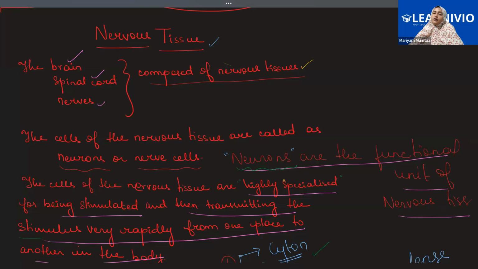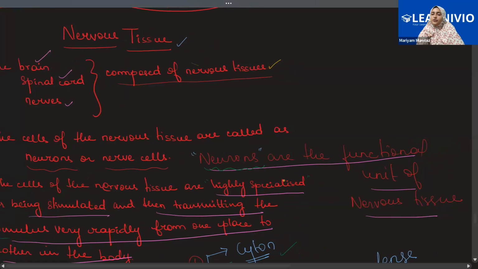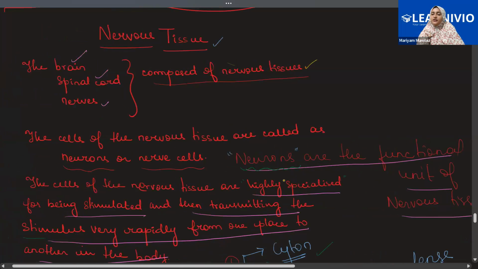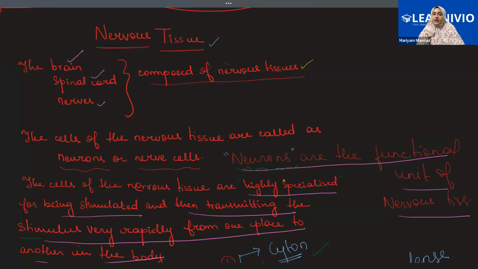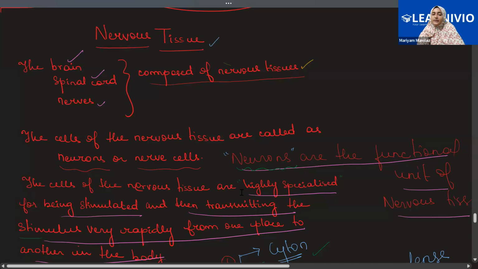If you say neuron or nerve cell, it is the same. Neurons are the functional unit of the nervous tissue. It is the functional unit, meaning if the neuron will not be there, then the nervous tissue will not be present. It is the fundamental and the most basic unit, that is the neuron.